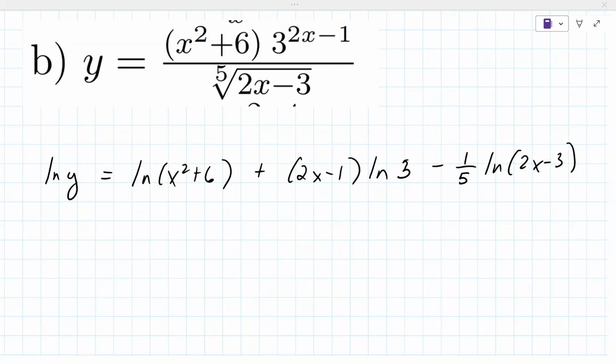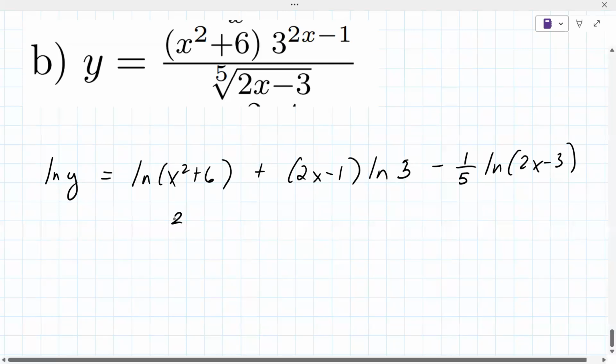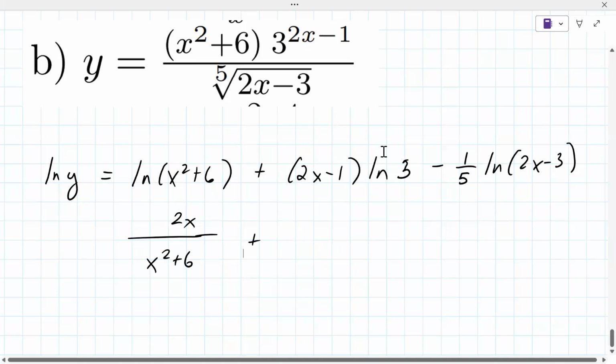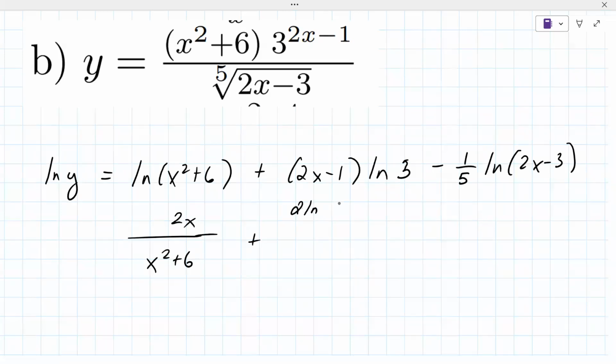So 2x over x squared plus 6, plus... It might help to distribute the ln, and this is just a number, a constant. If I wrote it this way, 2 natural log of 3 times x minus the natural log of 3, which one has an x?